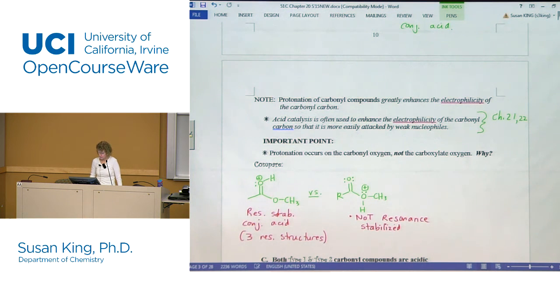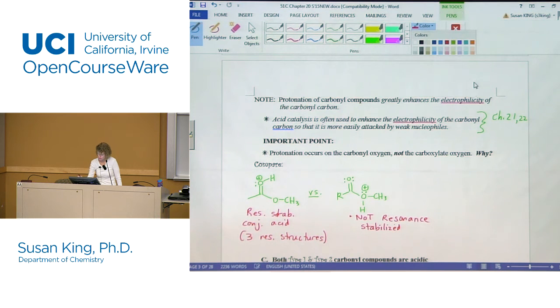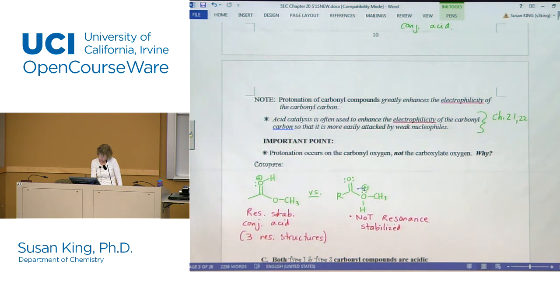So if you're thinking to yourself, well, yeah, of course that's resonance stabilized, I can just do this. I'm going to do this in purple, what you don't want to do. I can just go like this, right? Can't I do that? And let's see why you can't do that.